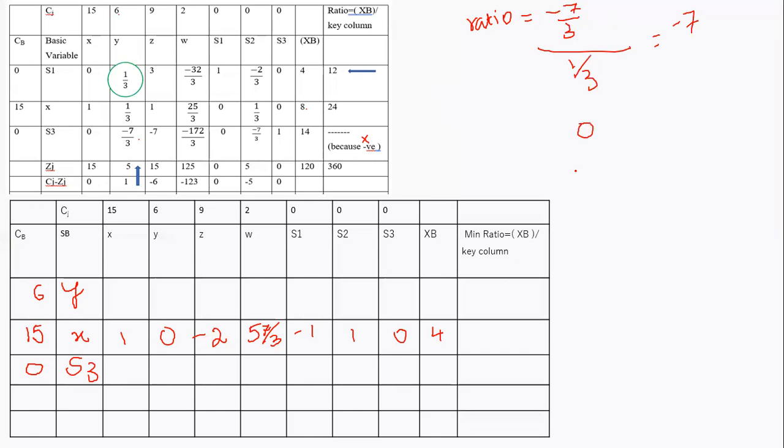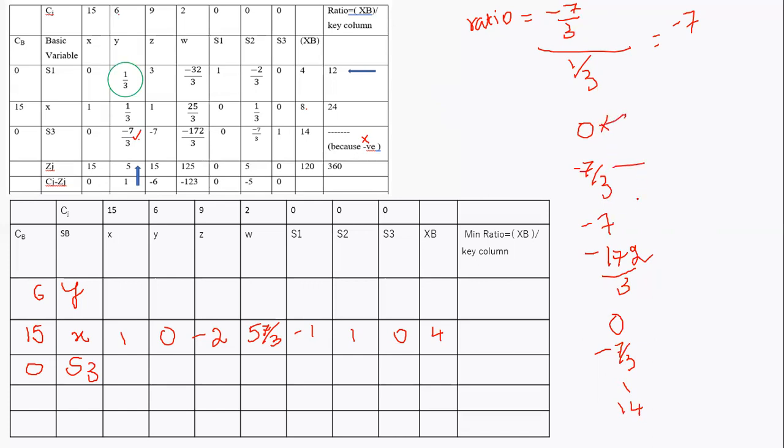So here my old row is 0, minus 7 by 3, and then minus 7, and then minus 172 divided by 3, and then we have got 0, and then minus 7 by 3, and then 1, and last element is 14. So this is our whole row.